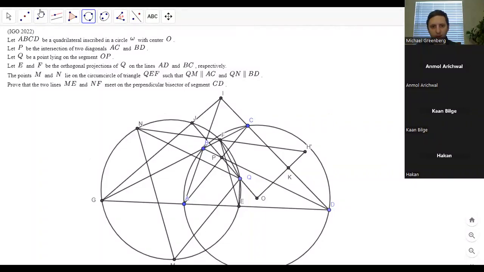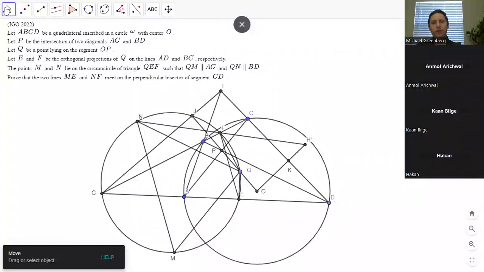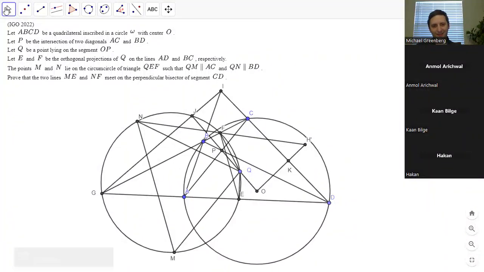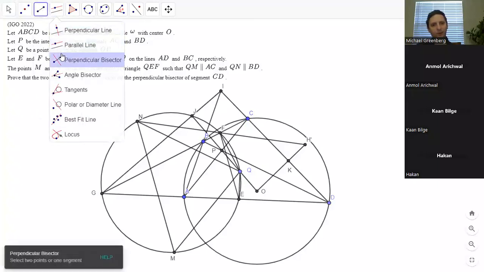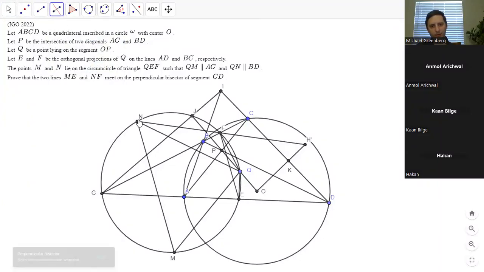NM, EF, and CD. So basically, H lies on 3 different perpendicular bisectors. That's a good point.